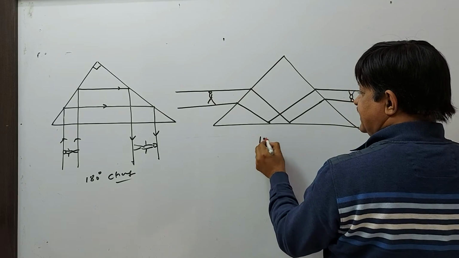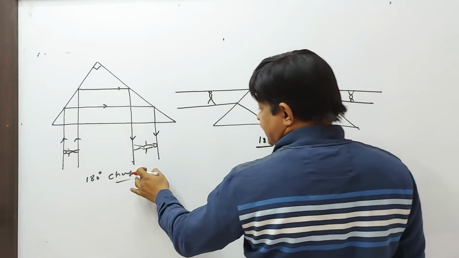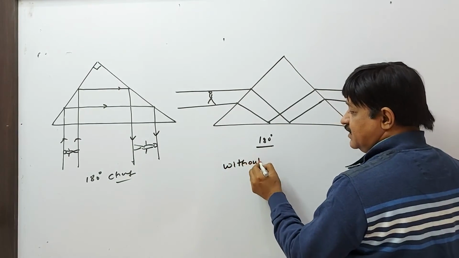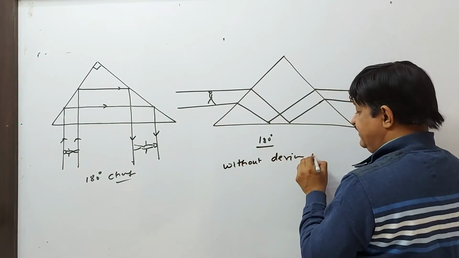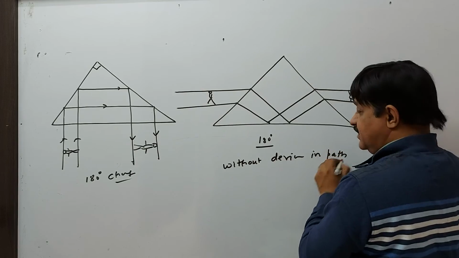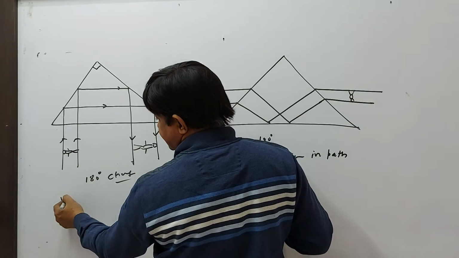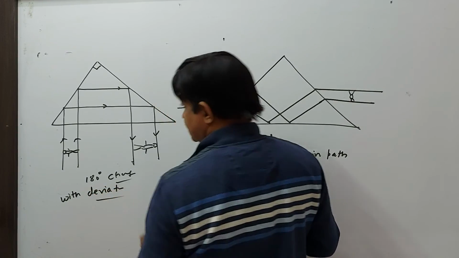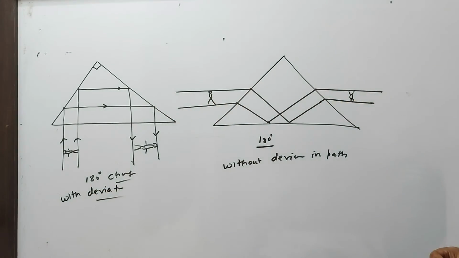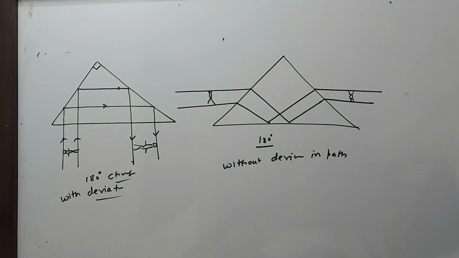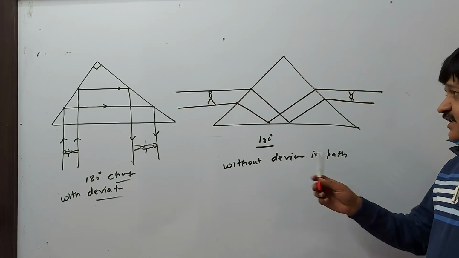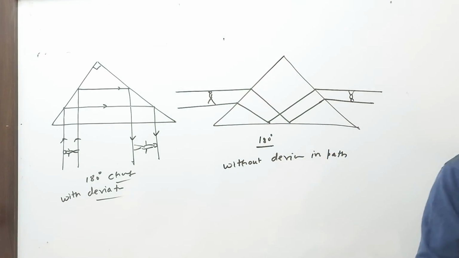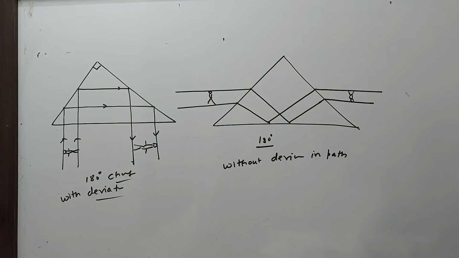So again a 180 degree change is there. Here you have the deviation, here without deviation. So with deviation in path, 180 degree change in phase. Without deviation in path, 180 degree change in phase is there. Two different cases are there for total internal reflection.